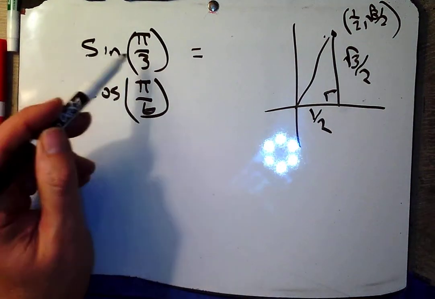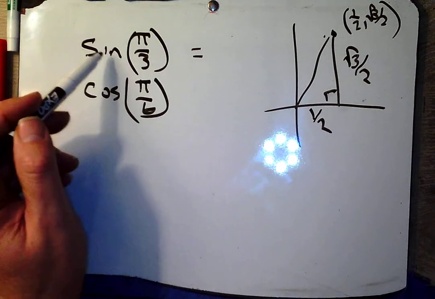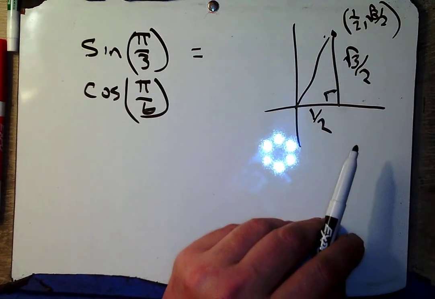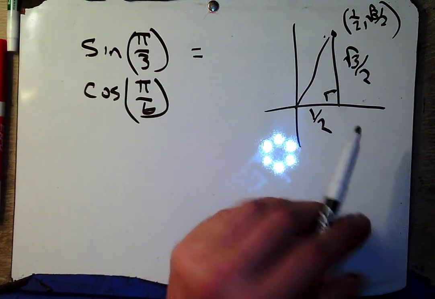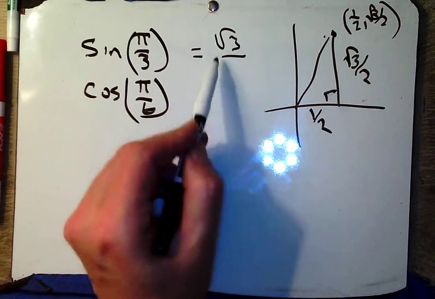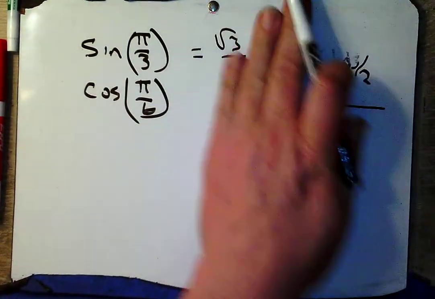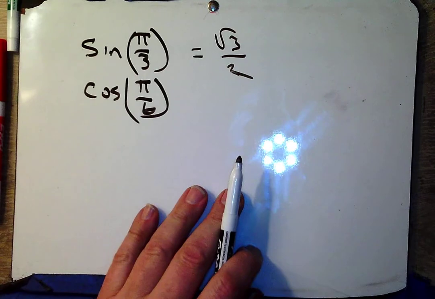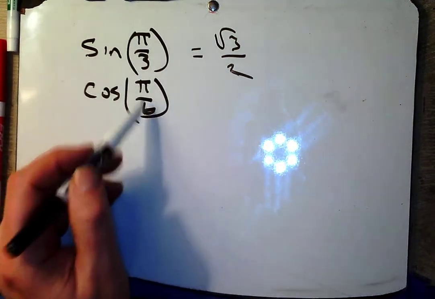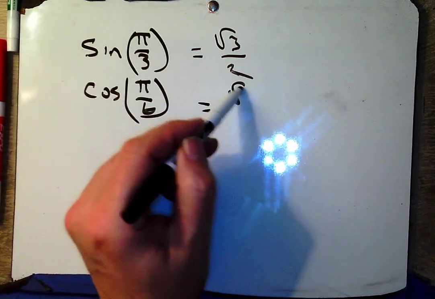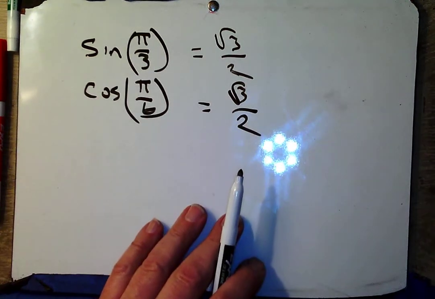And the sine has got to be on the unit circle, the y value. Well, that's root 3 over 2. Great. Now, what about the cosine of pi over 6? So cosine is the x value. What's the x value of pi over 6? Huh. Well, that's interesting.